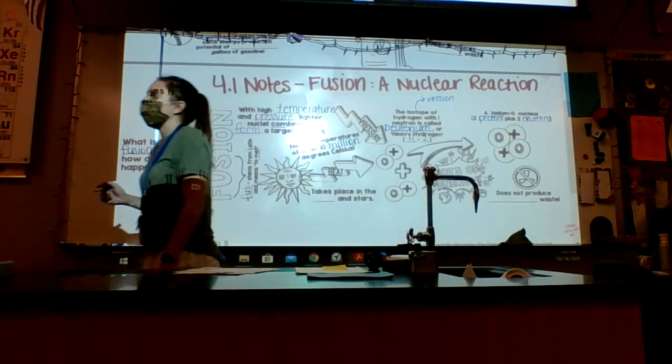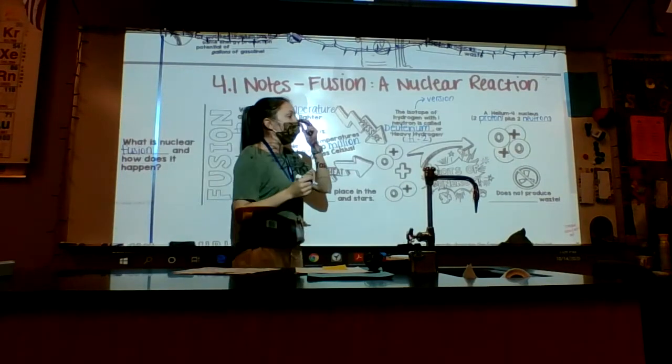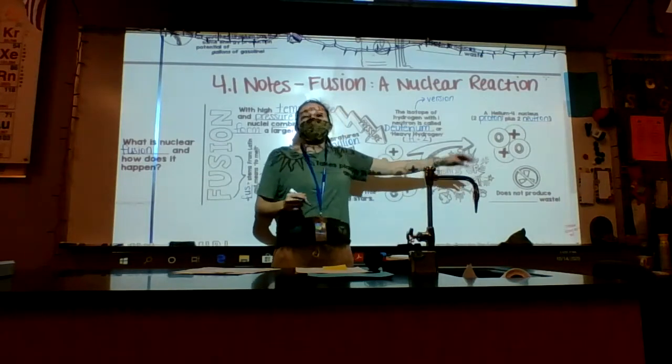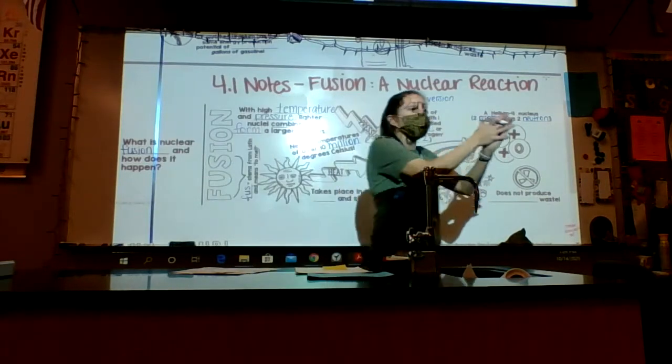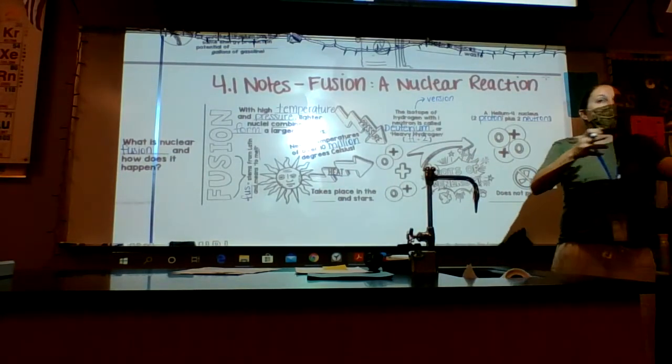Those two little deuterium atoms fused together, and now I have a helium-4 nucleus. And lots of energy. Whenever those hydrogen atoms slam together, a whole bunch of energy occurs, and it forms that helium atom.